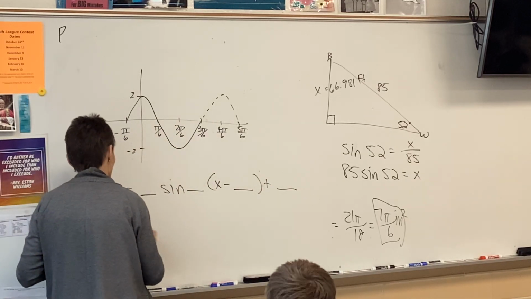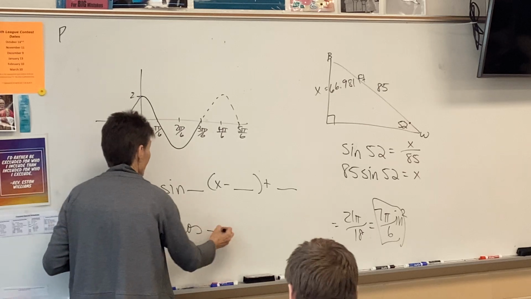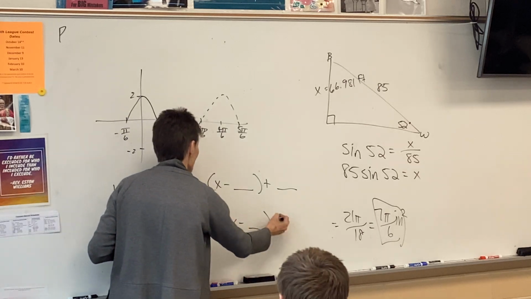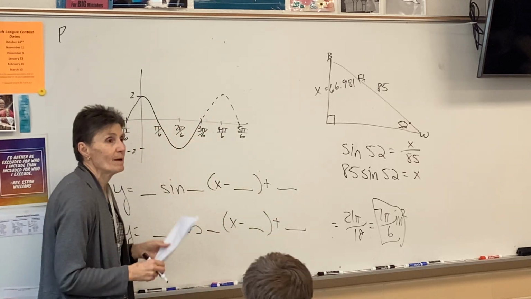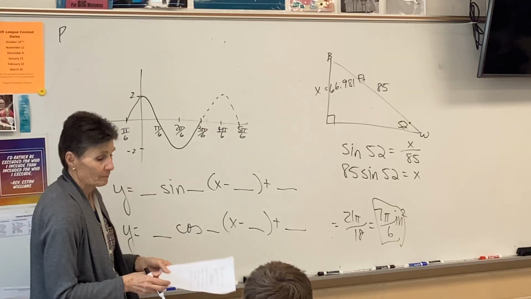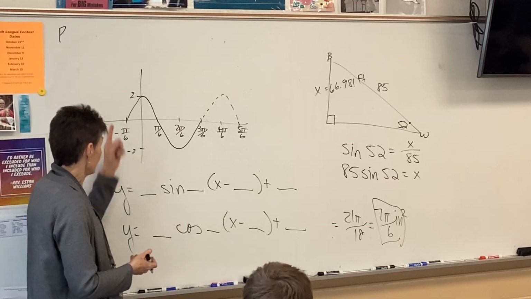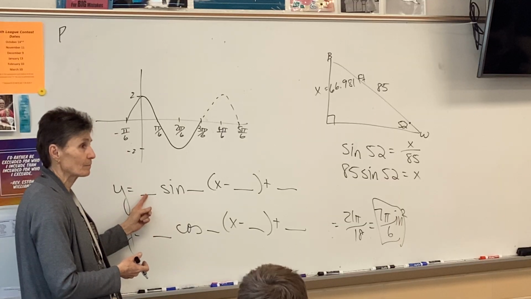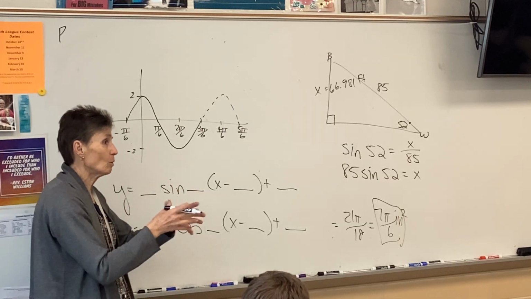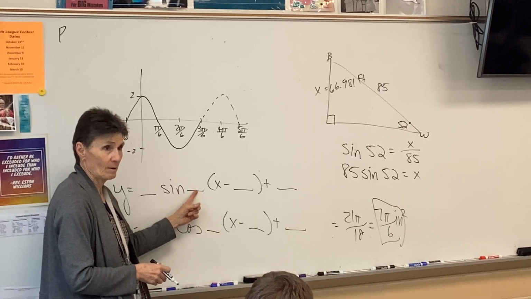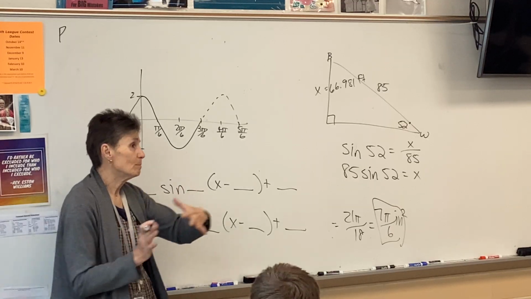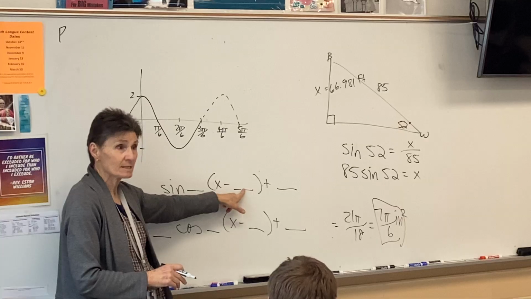I remember that there are really 4 adjustments that I can make to my sine curve. I can stretch it vertically, that's this number. I can change it horizontally, that's this number. I can move it sideways, that's this number.